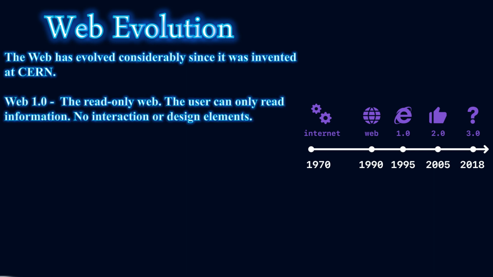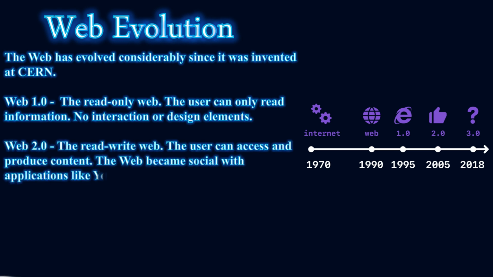Web 1.0, the read-only web. The user can only read information, no interaction or design elements. And the second version of the web is Web 2.0, the read and write web. The user can access and produce content.